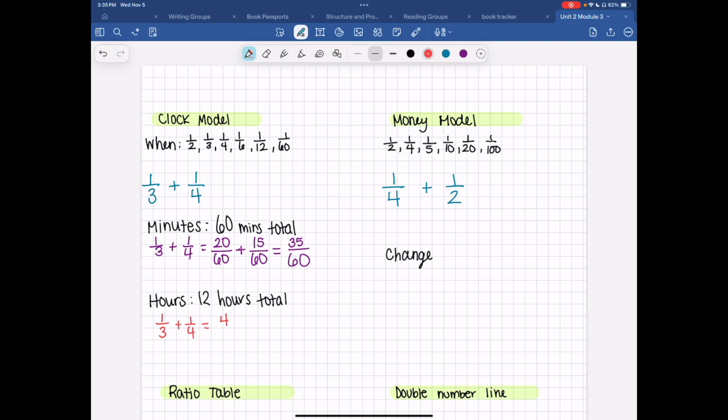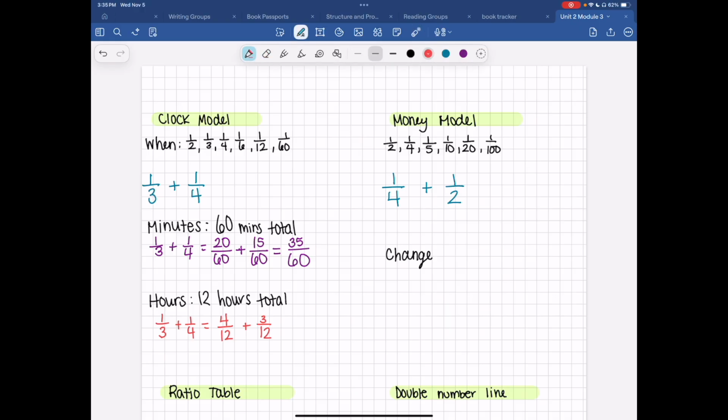That would be 4 out of 12 hours. 1/4, if I picture again or draw that 1/4 on my clock model, that shows that it's covering up 3 out of 12 hours. So now I have my equivalent fractions. 1/3 is equivalent to 4/12. 1/4 is equivalent to 3/12.